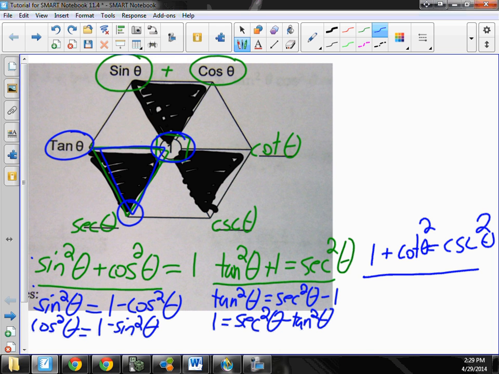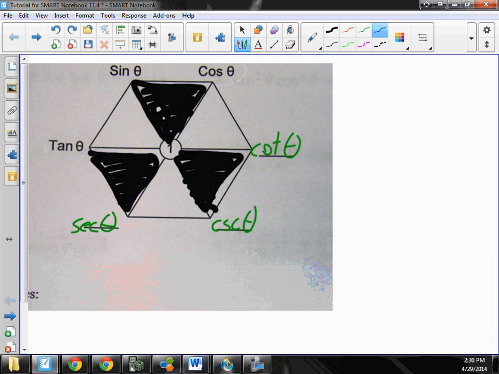So the last one, 1 equals cosecant squared minus cotangent squared, or cotangent squared equals cosecant squared minus 1. Okay. Everybody's following so far. This isn't difficult yet, right? Okay. The next one's also really easy.